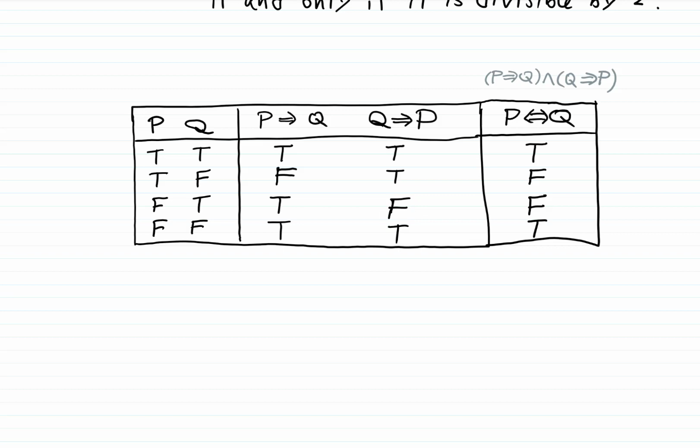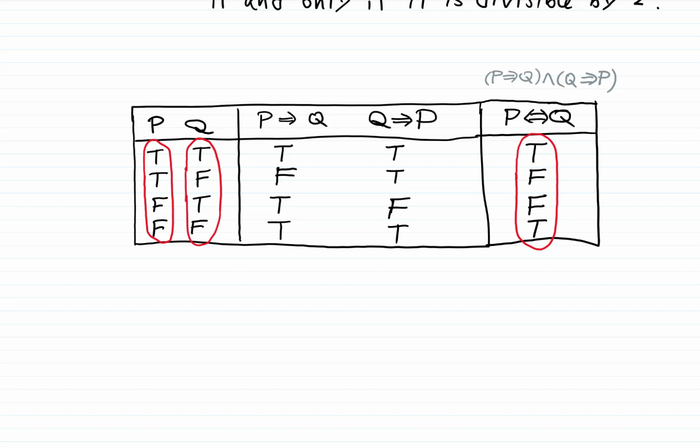So you need to know the relationship between P being true or false and Q being true or false, and under which combinations P if and only if Q is true or false.